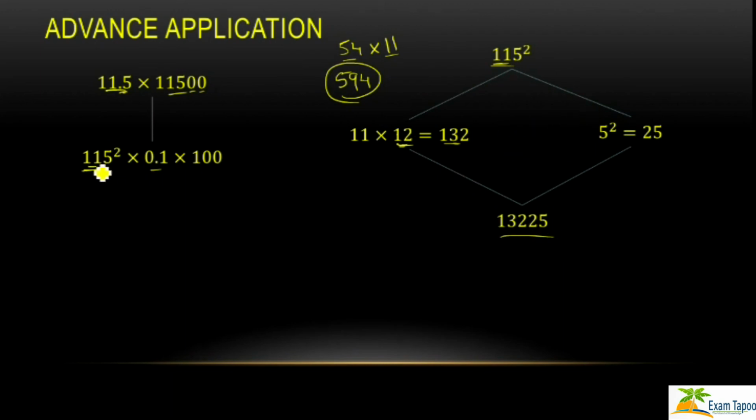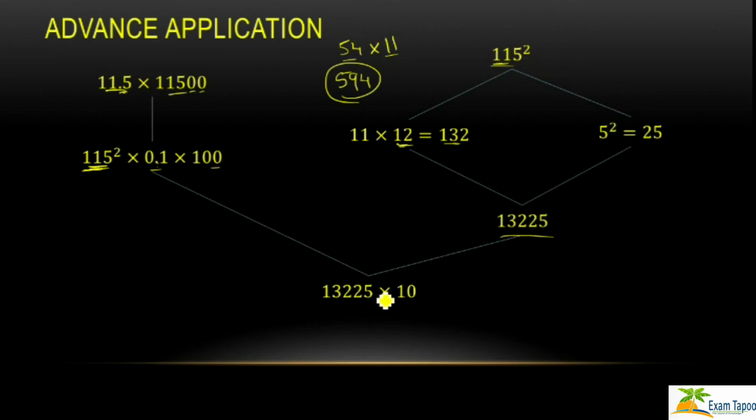Now in place of 115 square here, I can write 13,225. So this will become 13225 times, then you have a one place decimal and you have two zeros, so one decimal and one zero will get cancelled with each other and you will be left with 10. So I will get 13225 times 10.